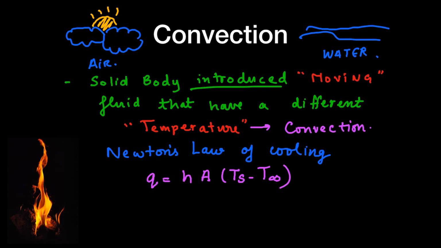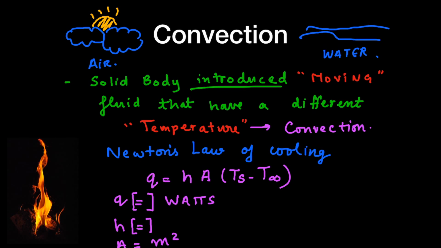Let's go through each of them. So Q equals, as we said in the previous one, watts, right? We don't know what h is, so let's leave it right now. We know what area is, it's in meters squared.